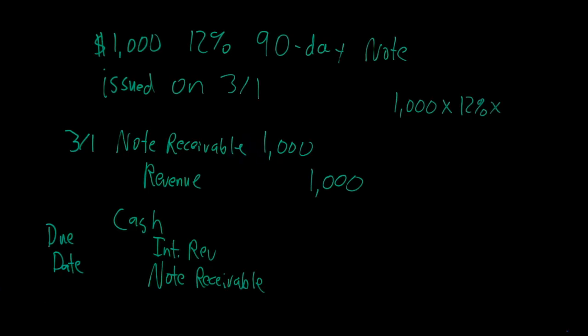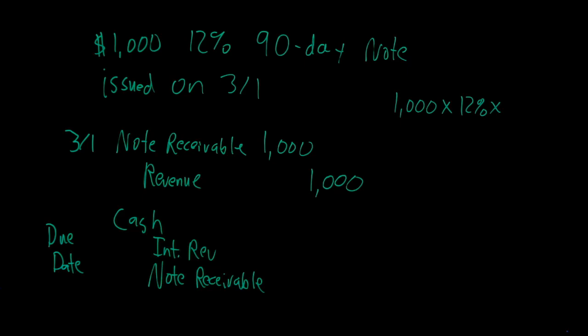Because the 12% is an annual interest rate that's stated. So should they pay a full year of interest for only 90 days? No. So we have to convert that 12% from a yearly rate to 90 days.